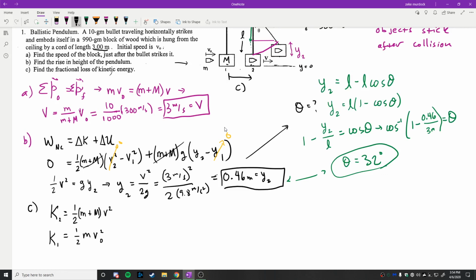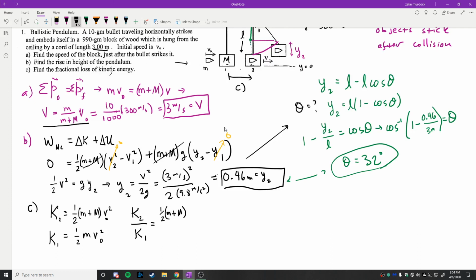Right? Fractional loss of energy would be we take the kinetic energy at point 2 and we divide by the kinetic energy at point 1. That's going to give us the amount of kinetic energy that's been lost, or at least the fractional loss of kinetic energy. So if we plug these numbers in here, it's 1/2 (m plus M) times v squared. But v, where was it? It's here.